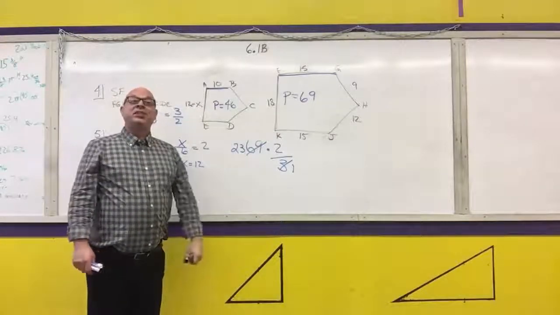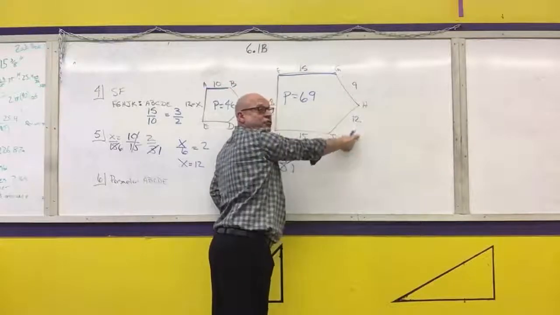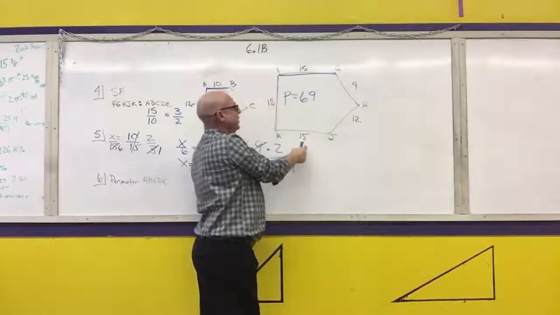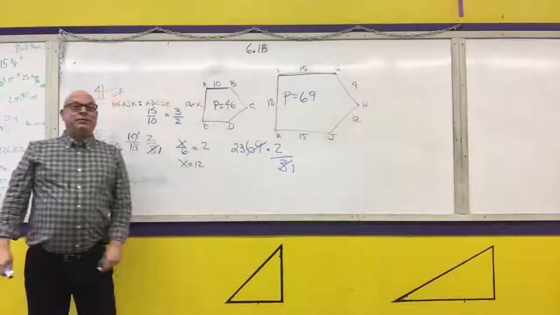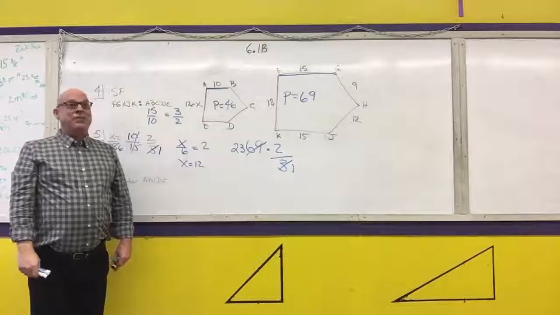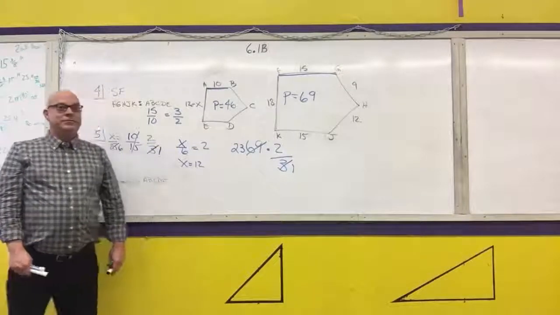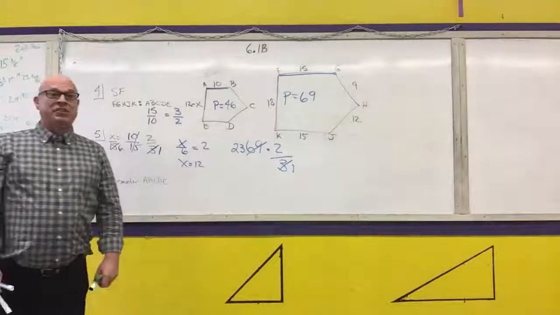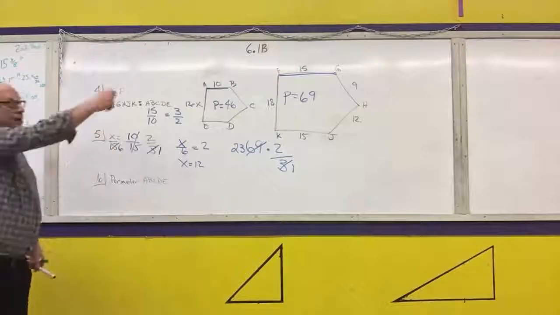I did the definition of perimeter. 15 plus 9 is 24. 24 plus 12 is 36, plus 33 is 69. Then I multiply that by 2/3. I didn't look at the equation. That's why I asked you, what is the definition of perimeter? It's adding up all the side lengths. So I added up all of the side lengths.